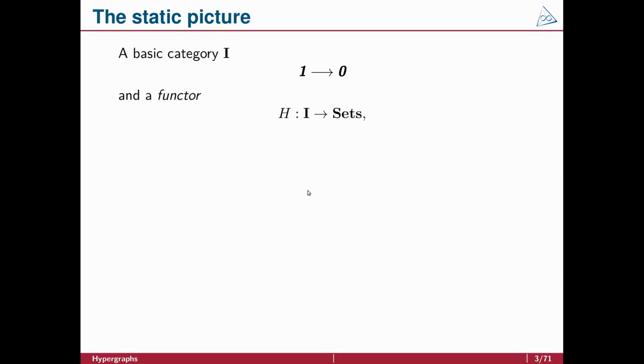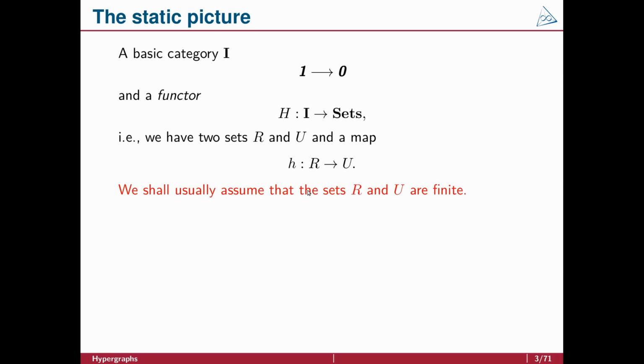Then we have a functor from this category to sets. We associate sets to both objects and also a map between sets to the morphism. So we now have 2 sets, R and U, and a map between them.